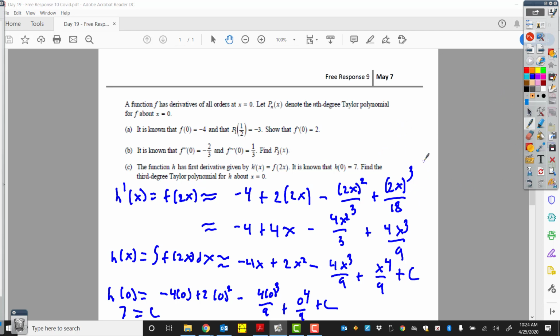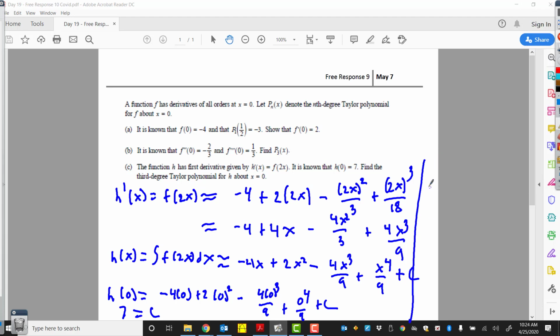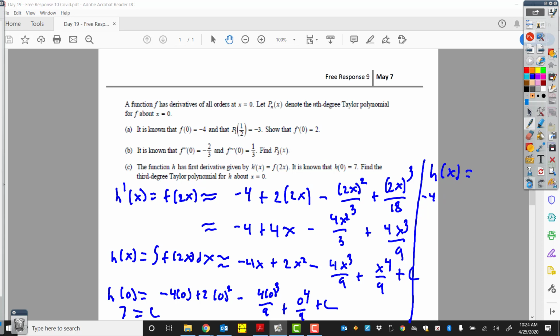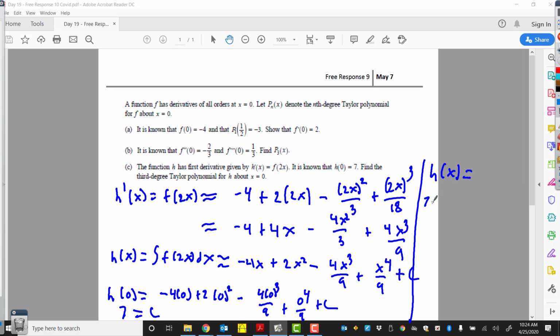So we end up with this as our final answer. h of x is equal to, well, let's start with the constant, easier to start with the constant, 7 minus 4x plus 2x squared minus 4x cubed over 9 plus x to the 4th over 9. That's what you would assume is your final answer.